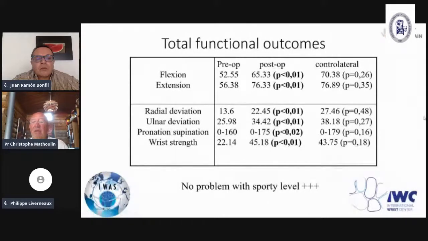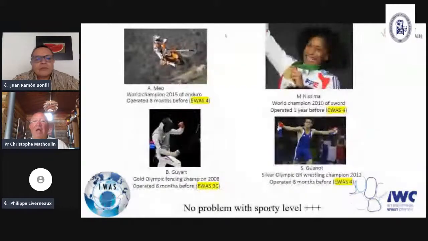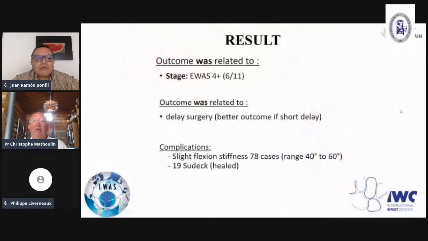The most important for us is that we never had any problem with the sporty level, and all the champions you can see in motorcycle, fencing, wrestling, etc., became world champion or gold medal after the repair, and it's very spectacular for us. We were really happy with that. Of course the outcome was related to the stage and to the delay.